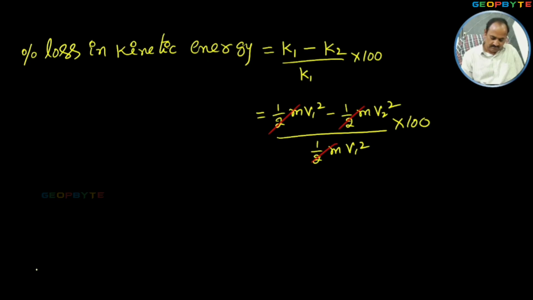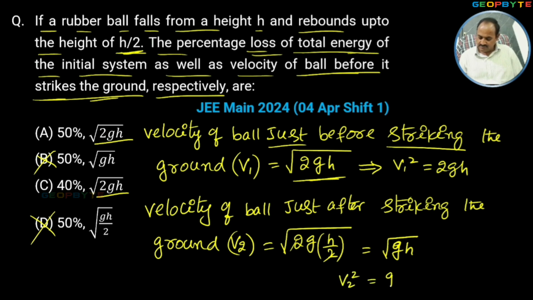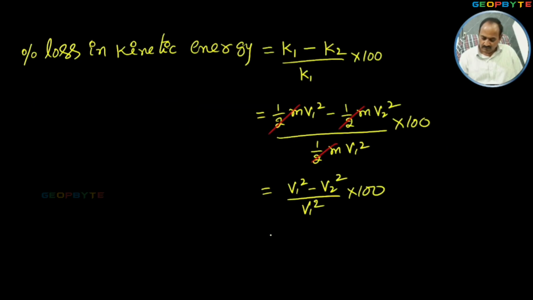Finally, it is equal to v1 square minus v2 square divided by v1 square into 100. Here v1 is root 2gh. Therefore, v1 square equals 2gh. Similarly, v2 square equals gh. So, in the place of v1 square write 2gh, and v2 square equals gh. It is 2gh minus gh divided by 2gh into 100.